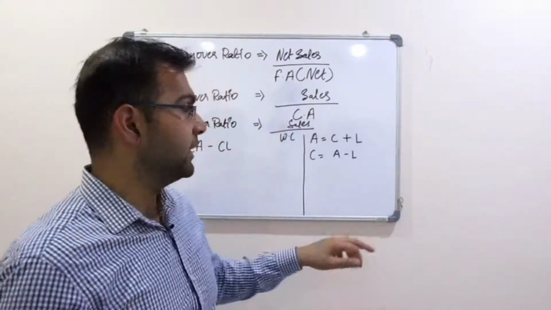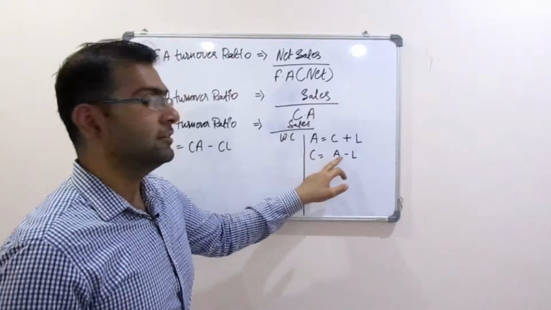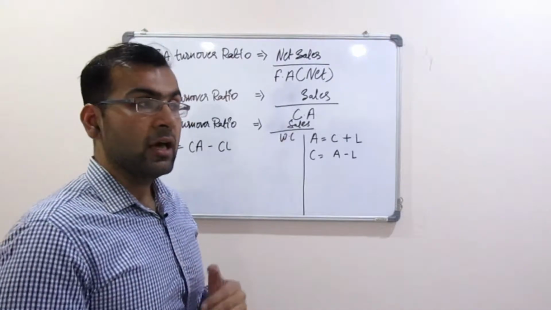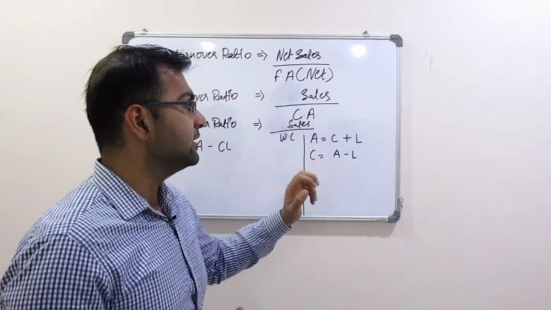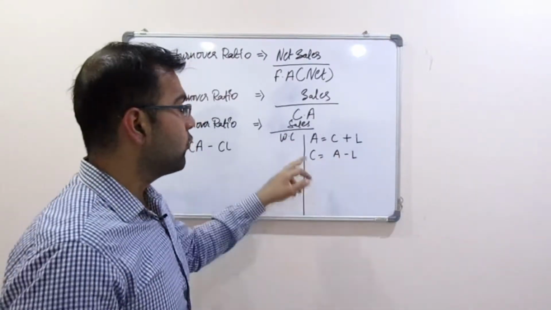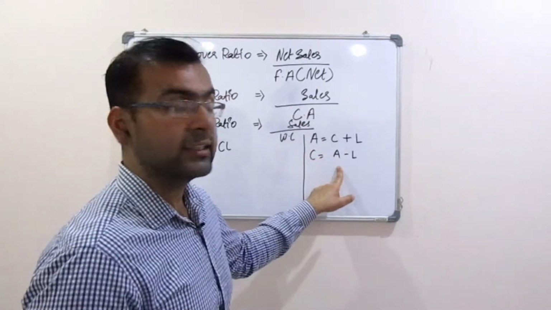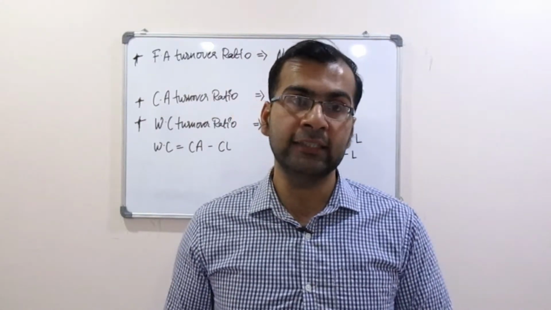If we simply use this formula, capital would be assets minus liability, and working capital is the capital that is a part of short-term current assets and current liability. So the working capital formula would be the same as the formula of capital: current assets minus current liability. This is the reason behind the formula.